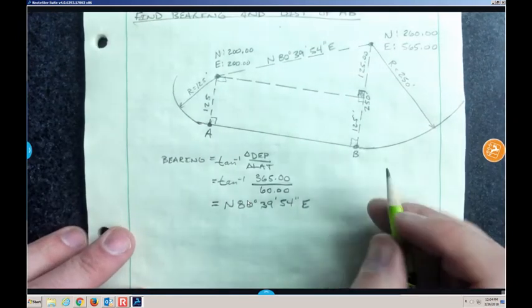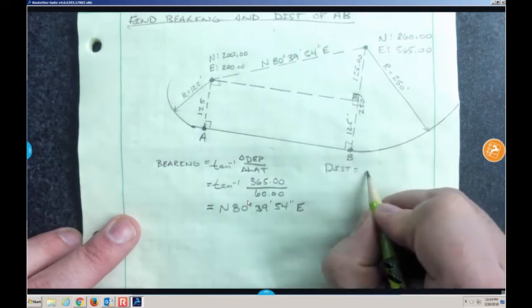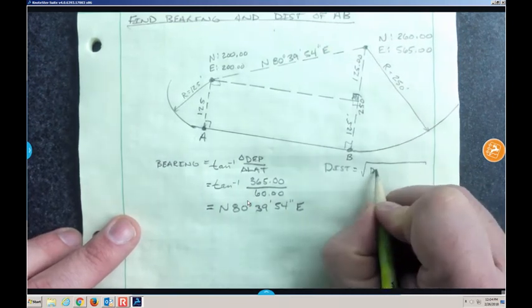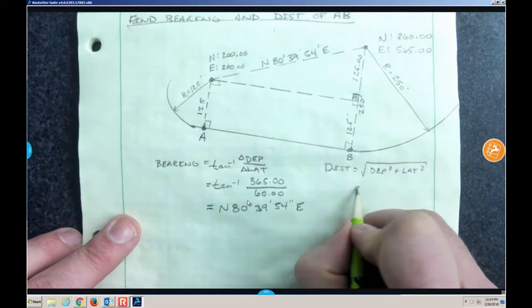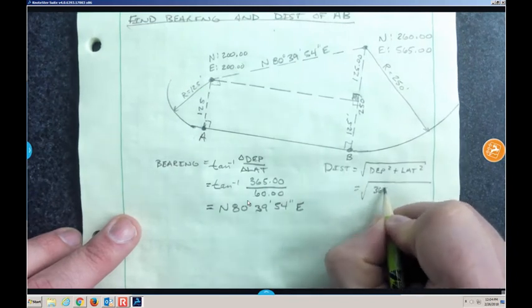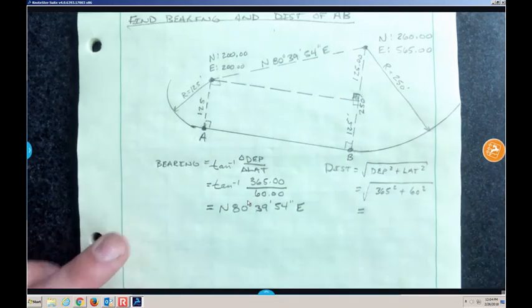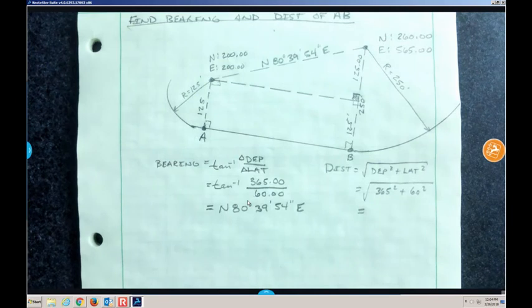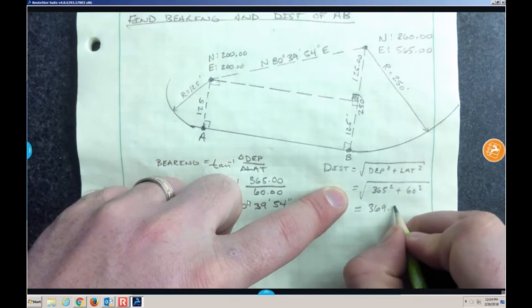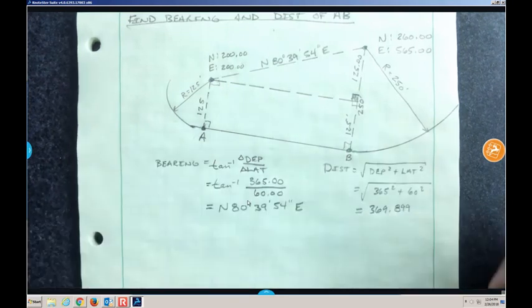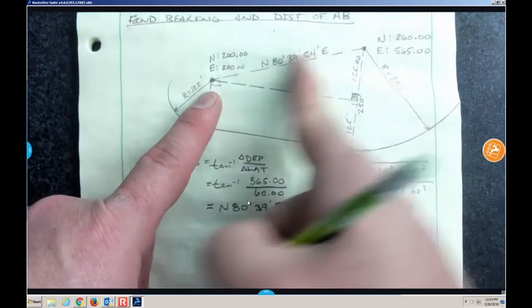All right, let's figure out the distance then. So distance is equal to the square root of the departure squared plus the latitude squared. So it's 365 squared plus 60 squared. What's that going to give us for the distance? 369.899. All right, so we got the distance now for this hypotenuse, we'll call it.